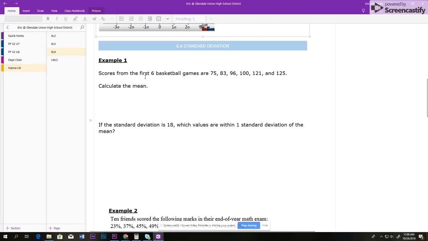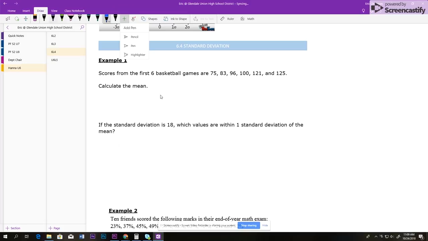Example 1, scores from the first 6 basketball games are 75, 83, 96, 100, 121, and 125. Calculate the mean. So that means that we need to add and then divide by 1, 2, 3, 4, 5, 6.